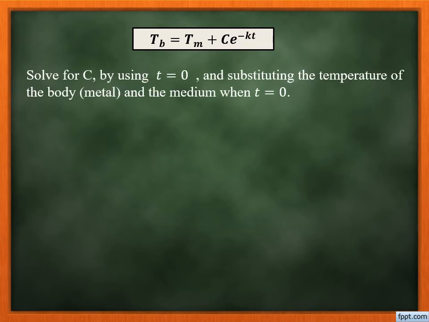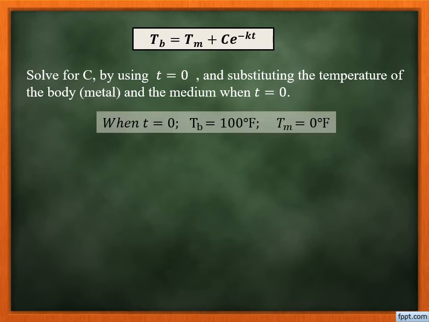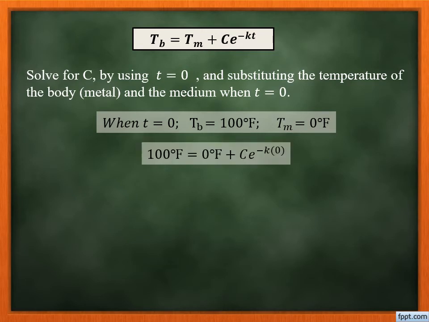Solving for C, when T is equal to 0, we have the temperature of the body equal to 100 degrees Fahrenheit and the medium at 0 degrees. Substituting into the equation, you get this equation. Solving, you will have C equal to 100 degrees Fahrenheit.